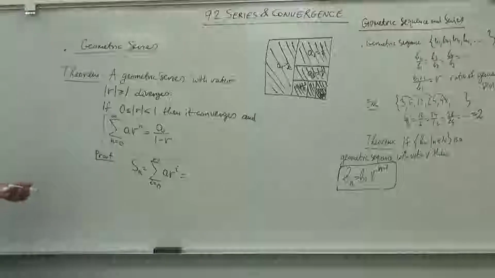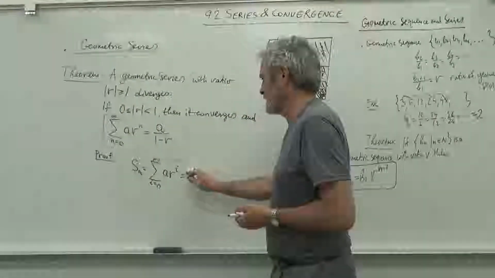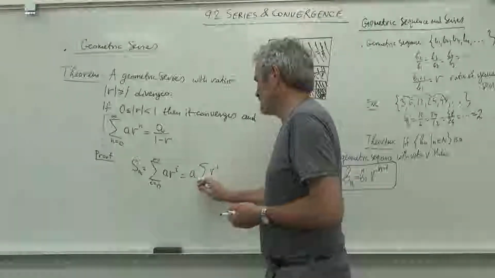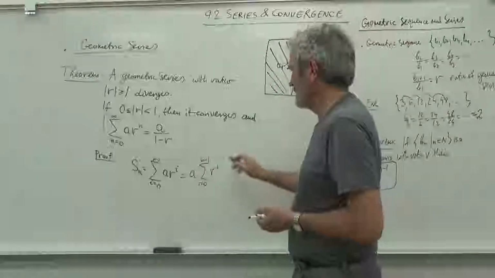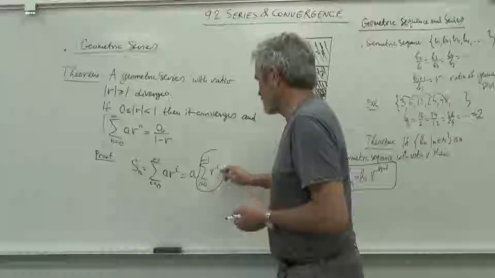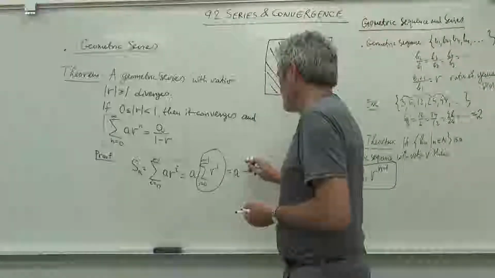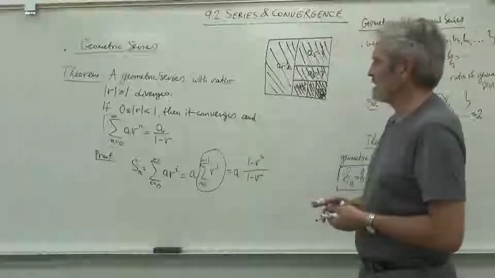And what would that be? Luckily, as I said, we developed a formula for this. I can factor out a because of the distributive law. The sum of r to the i, i goes from 0 to n minus 1. A minute ago, we had a formula for this, and that was a times 1 minus r to the n over 1 minus r.